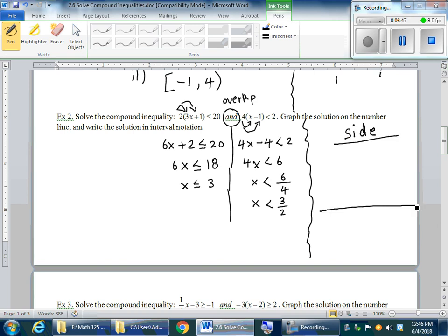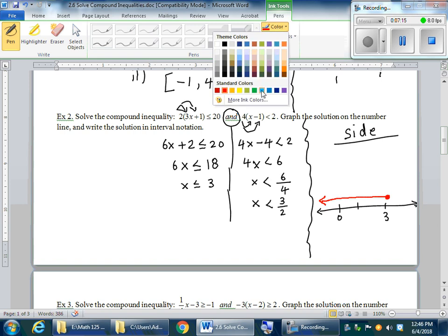Here's a number line, here's 0, here's 3. It says x is less than or equal to 3, so inclusive, a closed circle, and we draw to the left, because less than 3 means going toward the negative numbers.